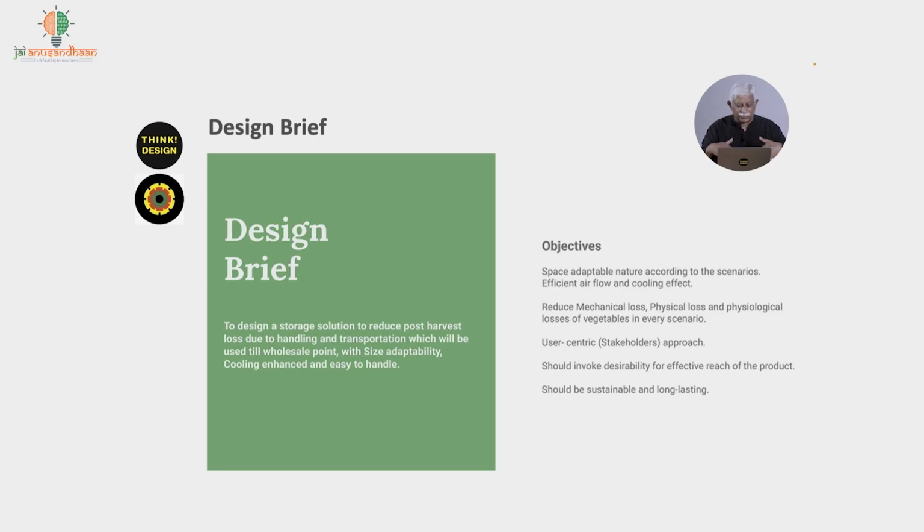So this is actually reframing the question again. It was to design a storage solution to reduce post-harvest loss due to handling and transportation, which will be used till the wholesale point, with size adaptability, cooling enhanced and easy to handle.